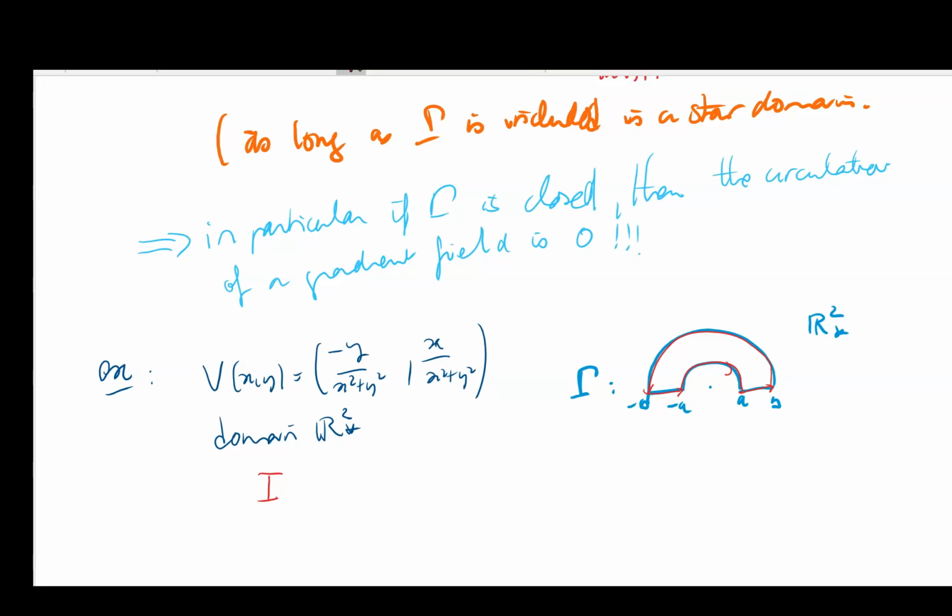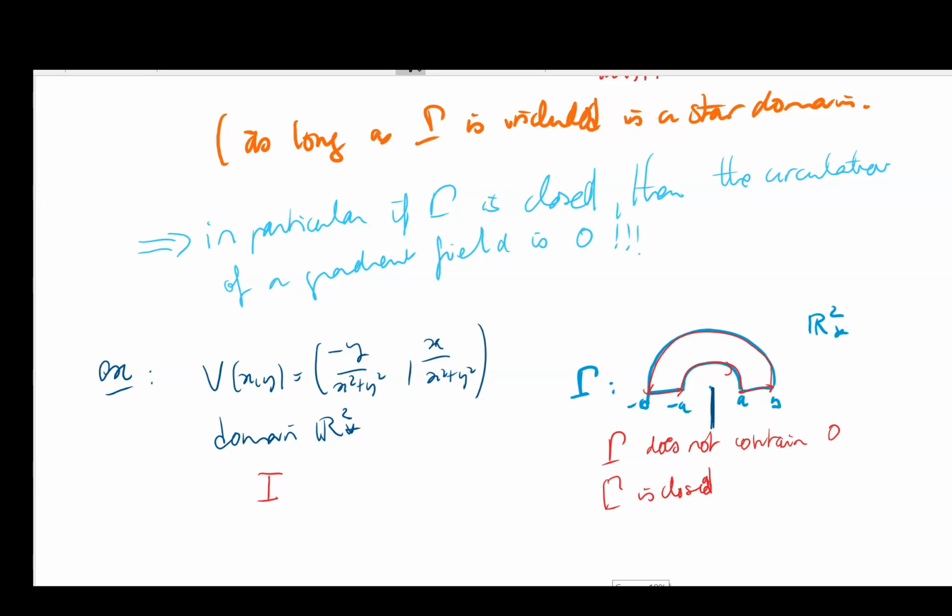Let's first observe that gamma does not contain 0. Gamma is a closed curve, and 0 is outside of it. So we could say that gamma is itself included in a star domain, because it would be included in, let's say, R² minus any half line, and that is included in a star domain.